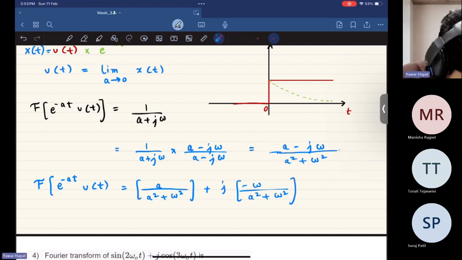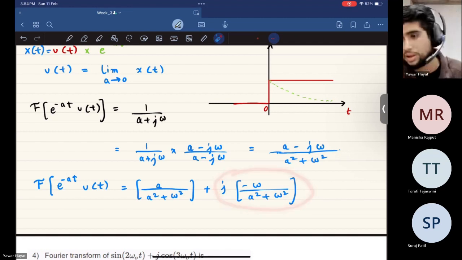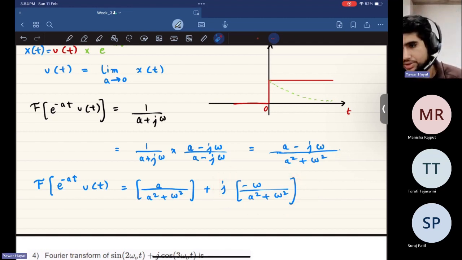And then what I can do is, if I take the limit, so let me think. What about this term? If we take the limit a tends to 0, what do we get?